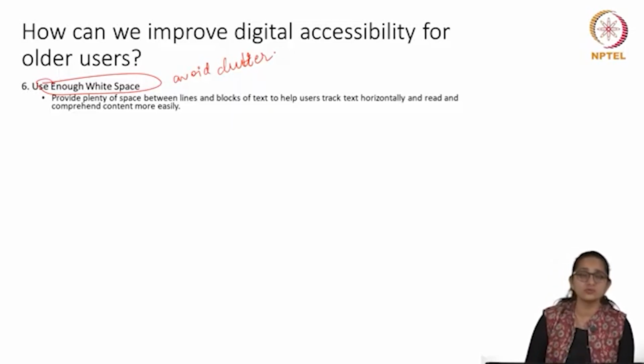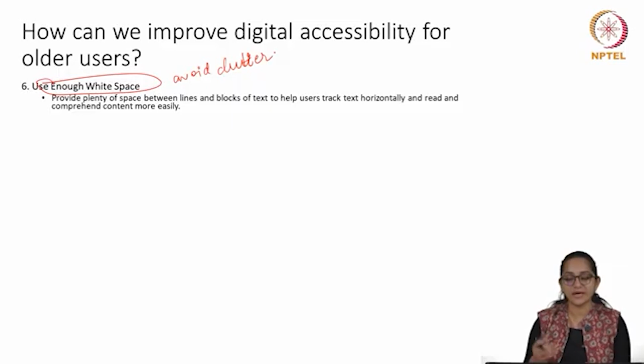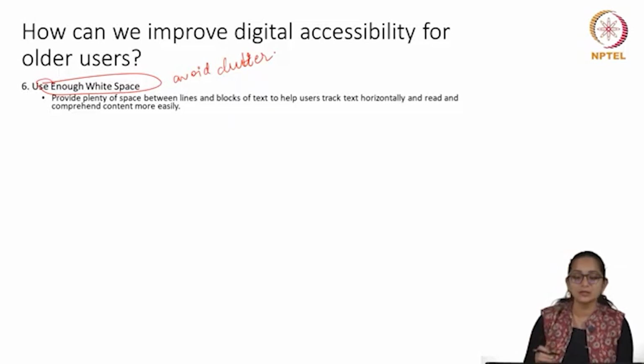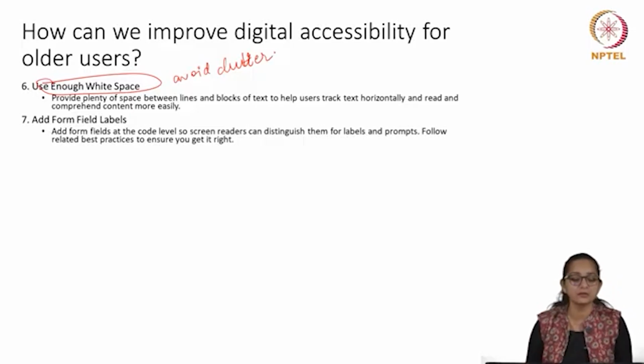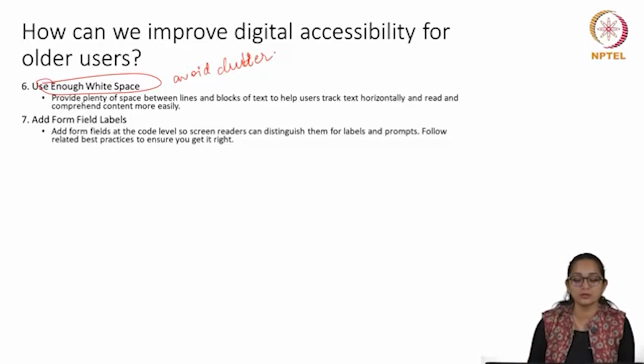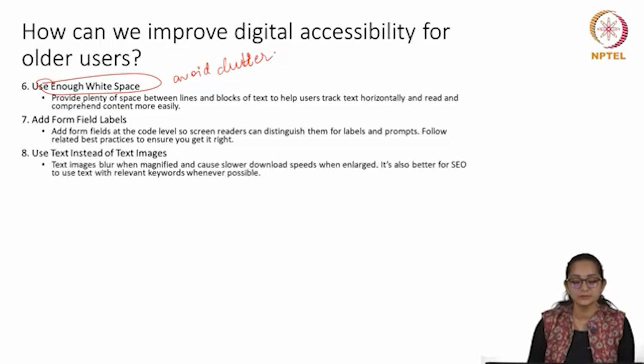Use hierarchy, use different indentations, use all of those elements to help users track text horizontally, read and comprehend the text more easily if it is annotated properly. Also, add form fields, so fields like heading labels, prompts, etc. Please follow the related best practices to ensure you get it right.